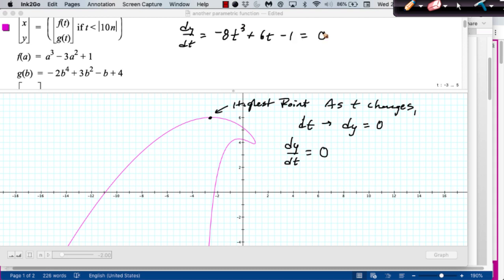And that equals 0. Now that's a cubic. That doesn't factor nicely. It doesn't give nice rational roots. But I will tell you that there are 3 zeros to that. So 3 values of t that make that 0. And one of those will give us the highest point.